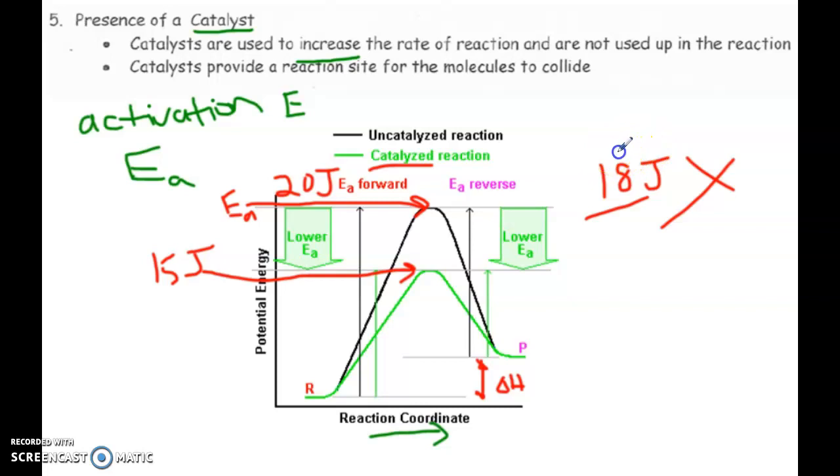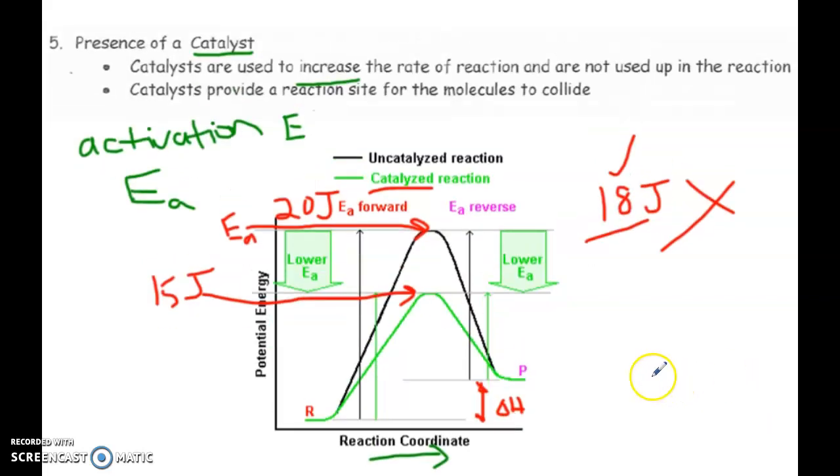So in this case, it would be successful with a catalyst. So you're actually increasing the amount of successful collisions because you've lowered the requirement for it. A catalyst does not increase the amount of collisions. It increases the amount of success by changing the energy requirement.